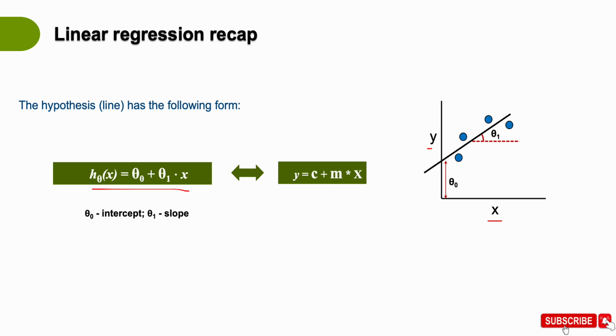It could be a non-linear curve also, but that relationship should be expressible through this linear form of the hypothesis, which means these parameters theta naught, theta 1 should be in their linear form. I'll explain this concept thoroughly in later videos, but for now, you just need to assume that whatever relationship we assume between x and y should be expressible through a linear form of hypothesis.